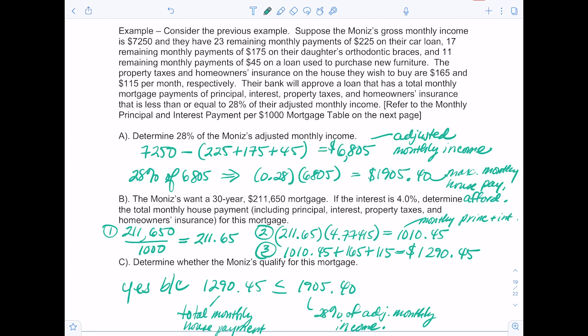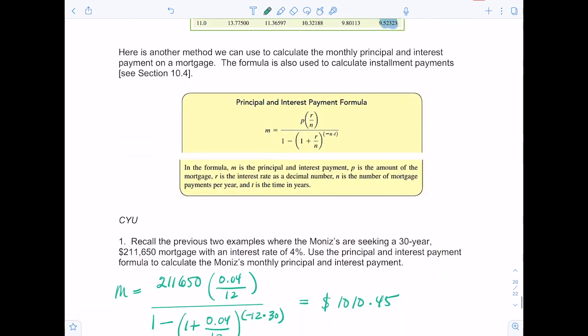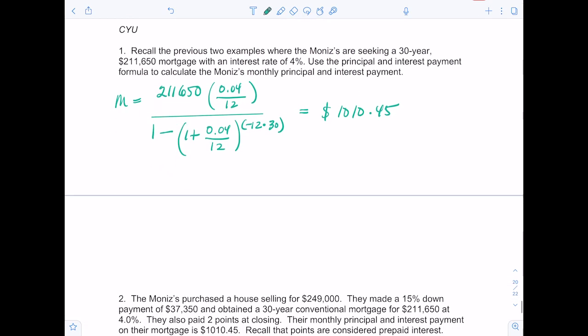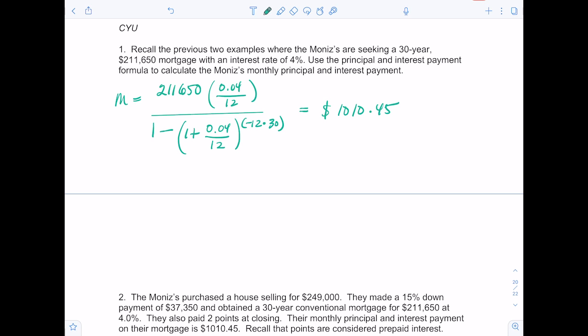That was the monthly principal and interest. So that's just another way you can calculate it, rather than take the mortgage and divide by 1,000 and then multiply by that number in the table. So if you don't have the table available, you could use this formula to get the same answer.